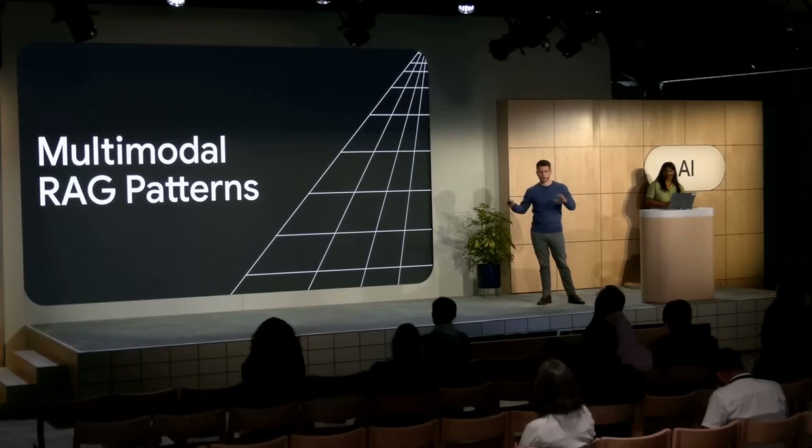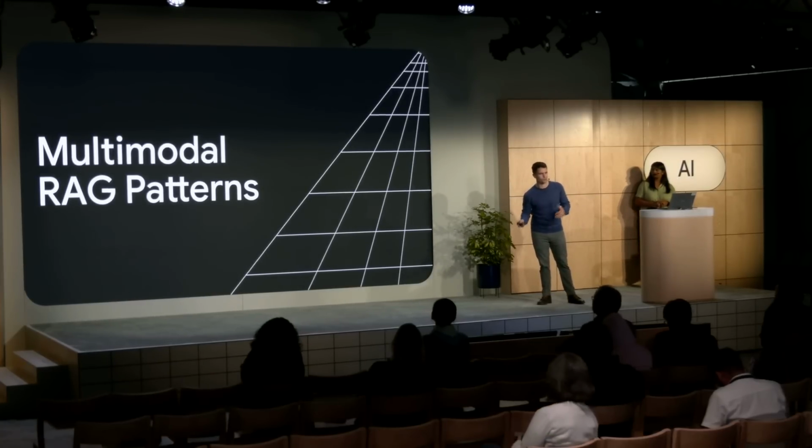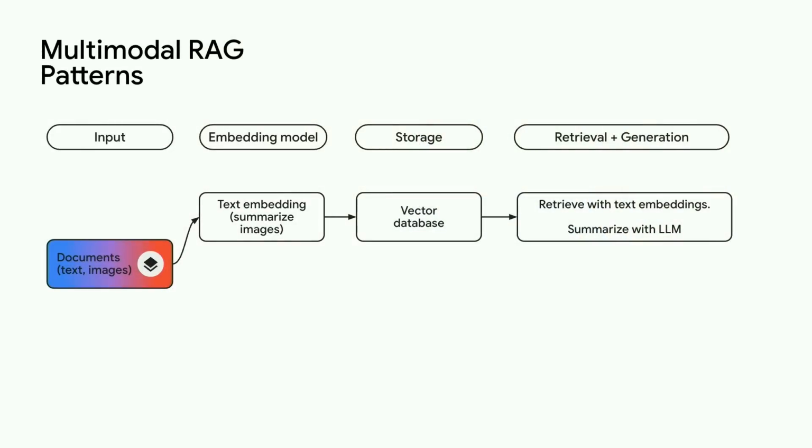So we've discussed the components of RAG and its general architecture, but this session is also about multimodal RAG. So let's discuss a couple of multimodal specific architectures next. And there are a couple of emergent patterns for multimodal RAG. In the first, we take all of our multimodal data, images, unstructured text, code, video, and more, and we summarize it all using a model like Gemini 1.5 Pro, right? We summarize it all into text.